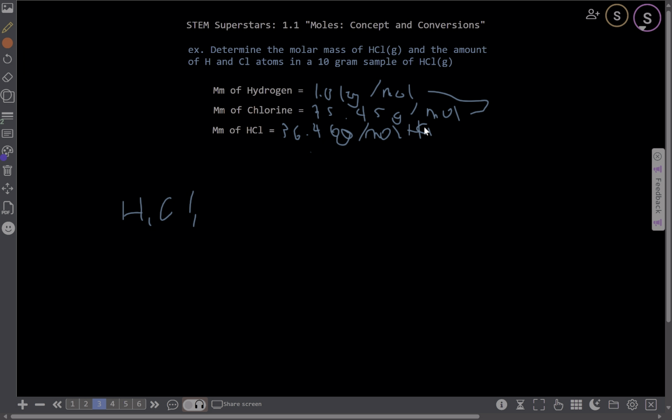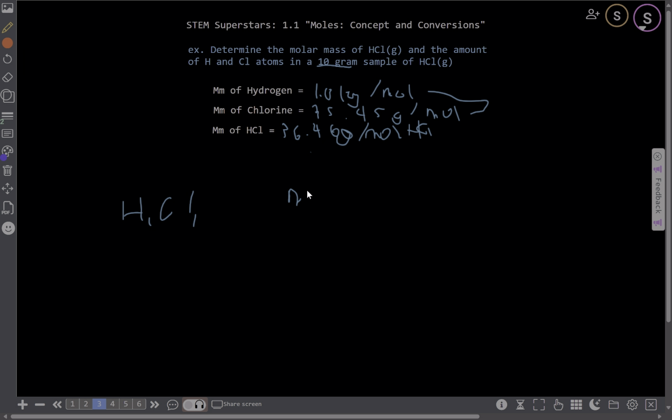Now that you have your molar mass of hydrogen chloride, we can apply the 10 gram mass using one of the formulas we used earlier in the video. Right now I'm going to write moles as n.